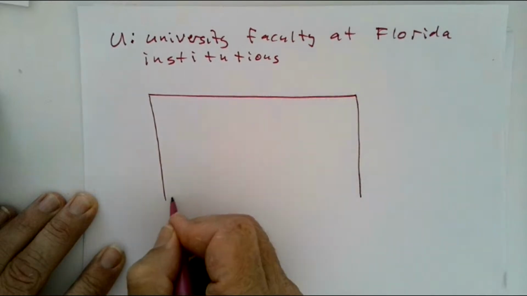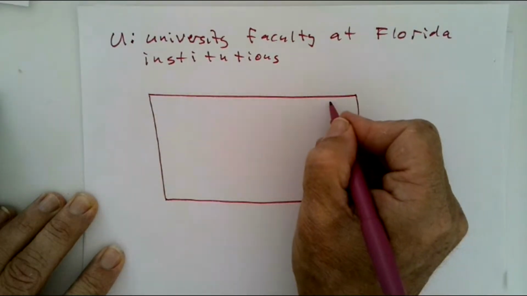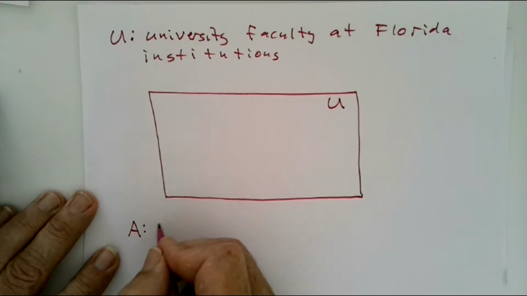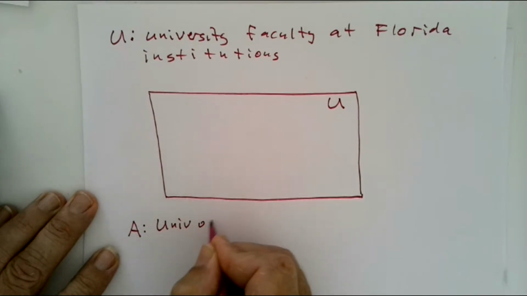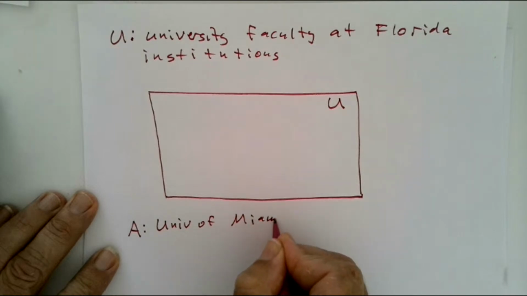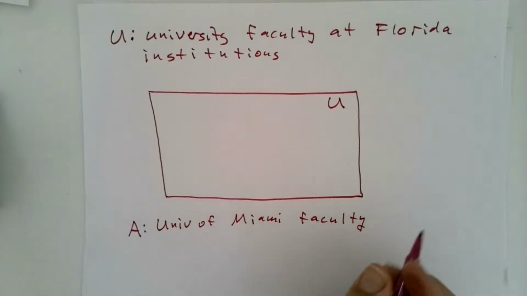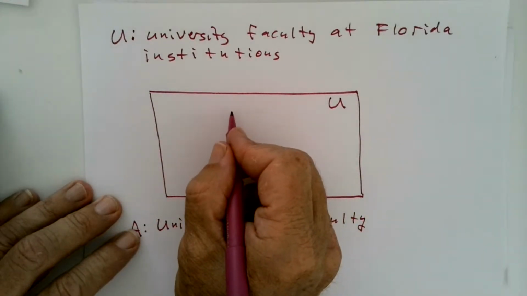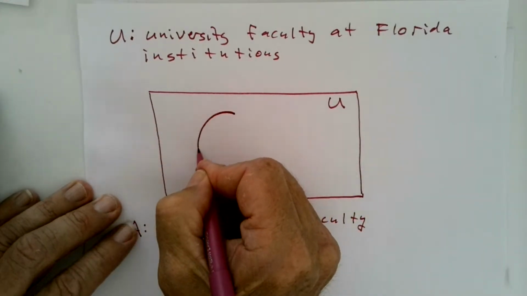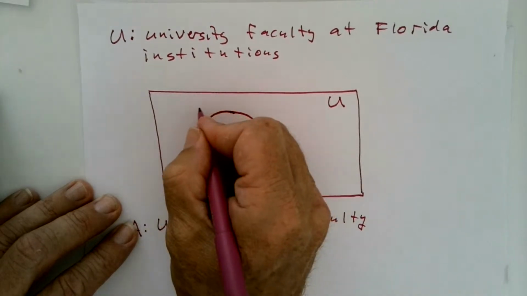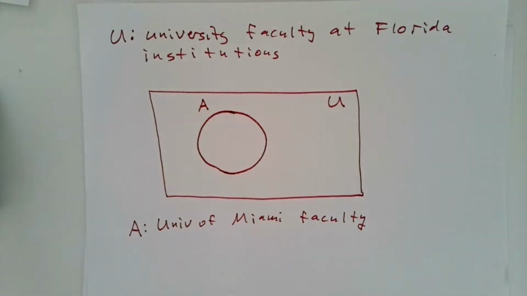We tend to use rectangles to represent the universal set. The set A this time is going to be University of Miami faculty. So again, it's a Florida institution, faculty. University of Miami has to be well defined, so people who teach and get paid to do so. It's how we're going to choose to define that. And this is our set A.